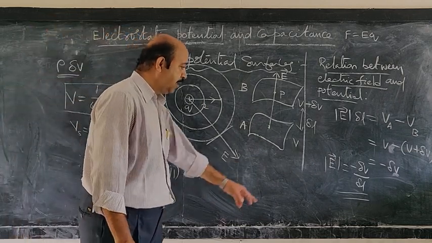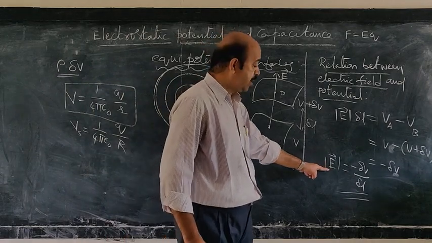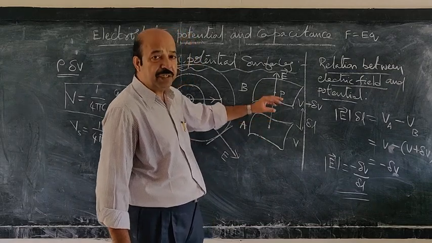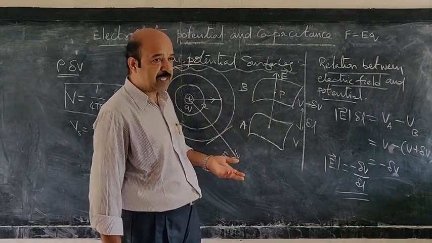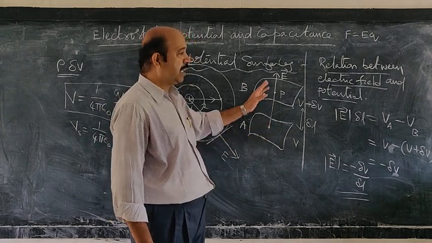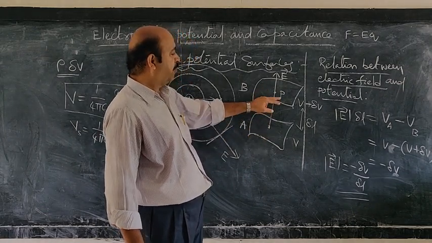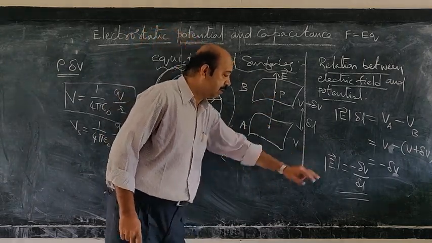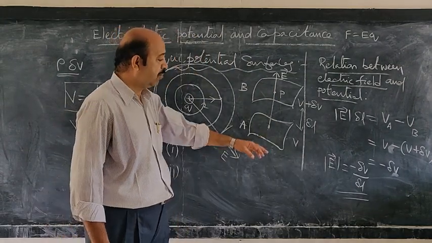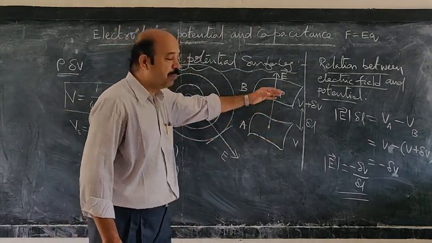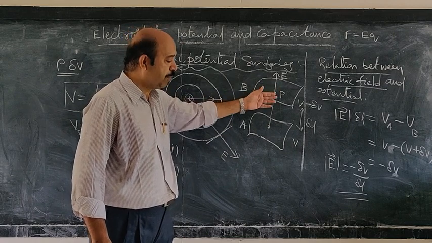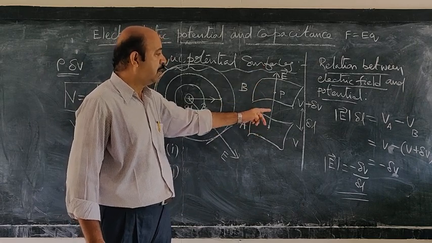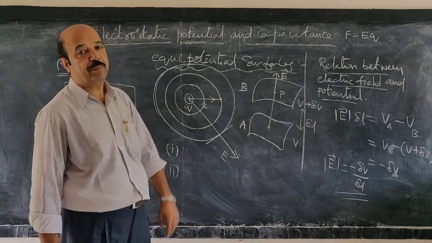Now another point is the magnitude of electric field strength is equal to the magnitude of the change in potential per unit displacement along the normal direction of the equipotential surface at that point. So we can also define the magnitude of electric field strength as the change in potential per unit displacement along the normal direction at the point on the equipotential surface.